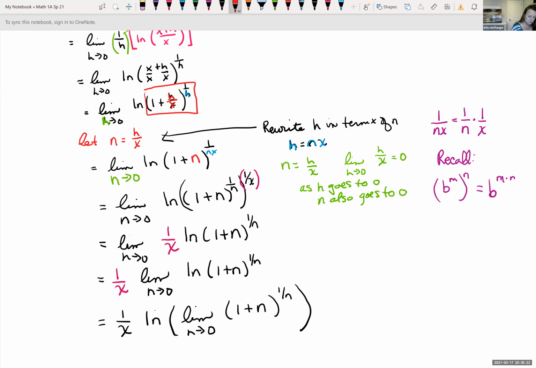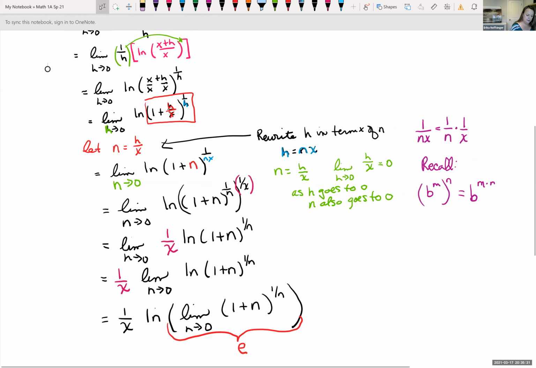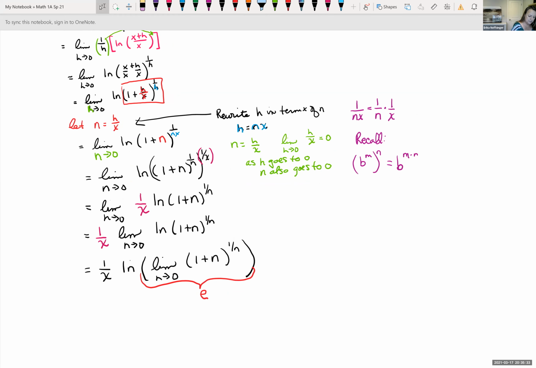I just told you at the beginning of class, this is the same thing as e. So let's rewrite that with e. And so this is equal to 1 over x, the natural log of e.